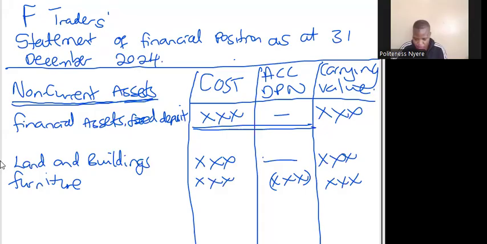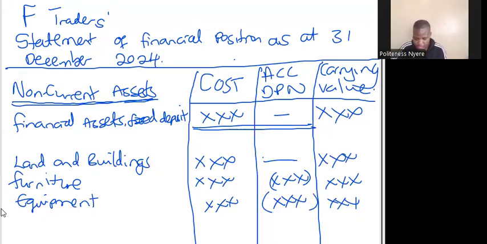Then we can have maybe equipment. Put your cost, your depreciation, and your book value. Then the next one would be maybe vehicles.